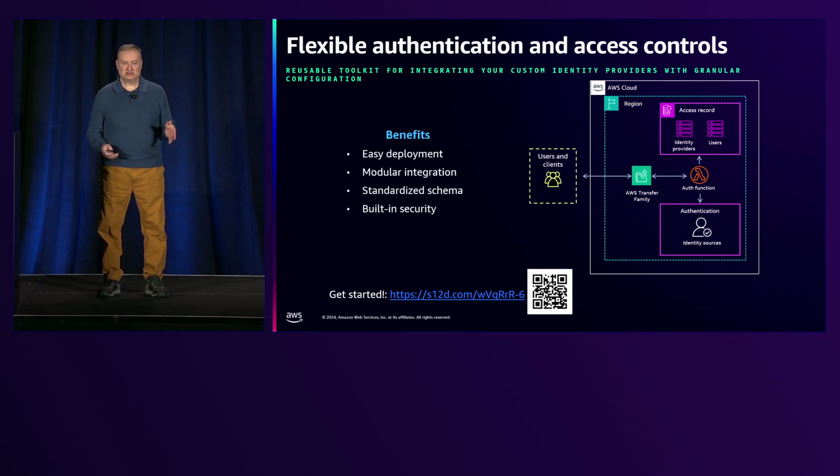And security is built in. You can even only authenticate users if they come from specific IP ranges. Again, that's a very cool blog post, and it also includes a link to the GitHub repository where you find all the modules for the different identity providers.